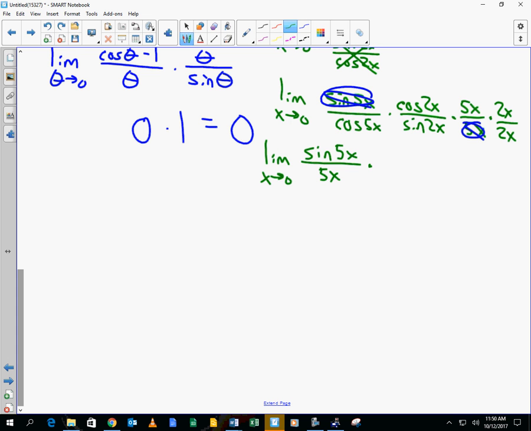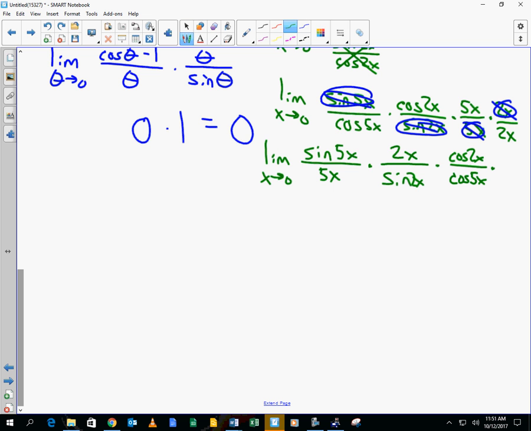I want to do 2x over sine of 2x. So I used up the sine of 2x, and I used up the 2x. So it looks like I've got some things left over. I've got a cosine of 2x over a cosine of 5x.